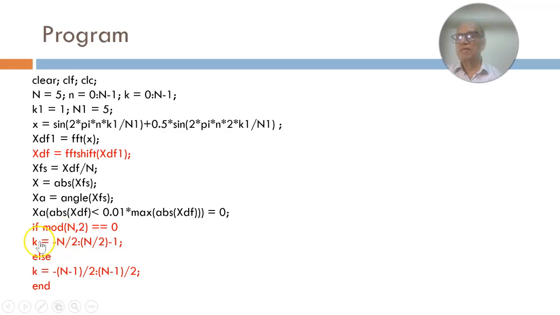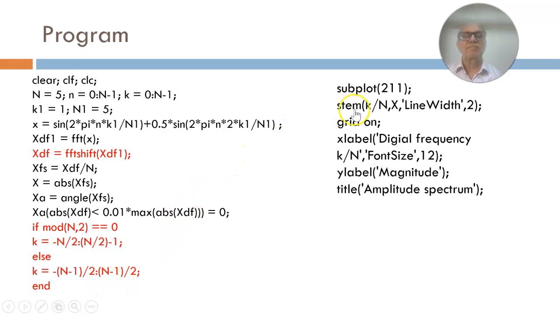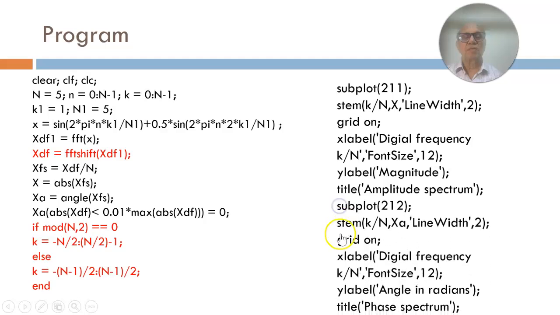So when n is even, that condition is checked by if mod of n2 is equal to 0, then you use this equation for K for getting the K array, or if it is odd, you use this equation. The rest of it is plotting. So you plot stem K by n versus the magnitude, that is the magnitude spectrum, and then you plot stem K by n versus the angle, that is the phase spectrum.